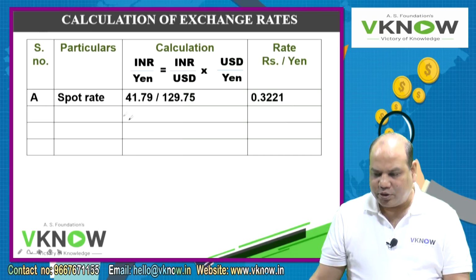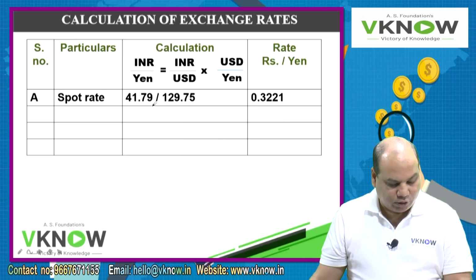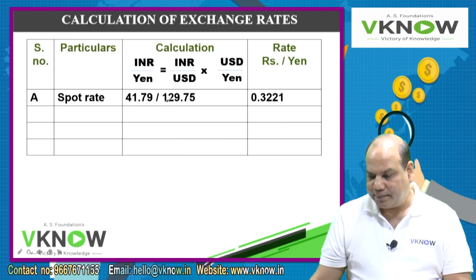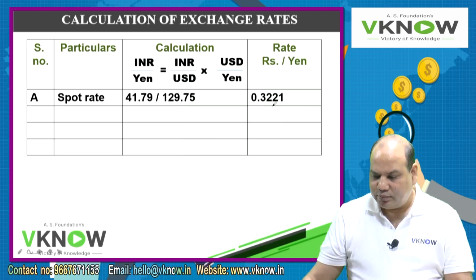First point A, spot rate 41.79. Question is in front of you. First paragraph. Divide by 129.75, because you have to take the reciprocal of 129.75. So divide.